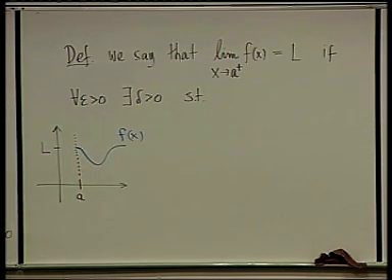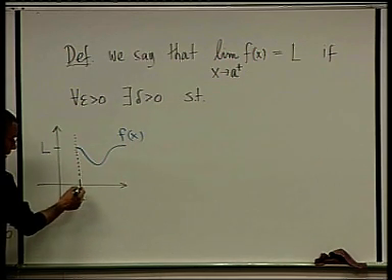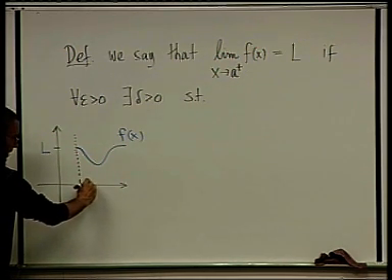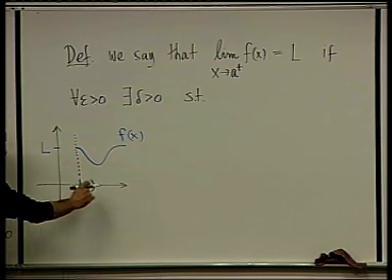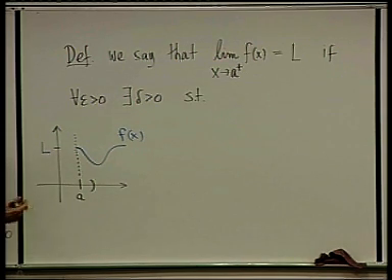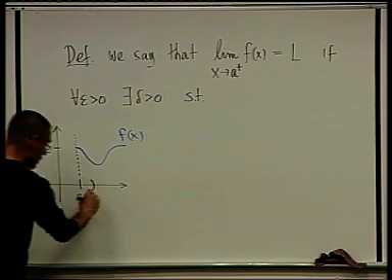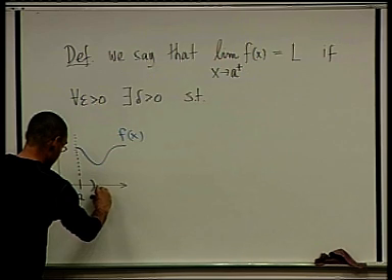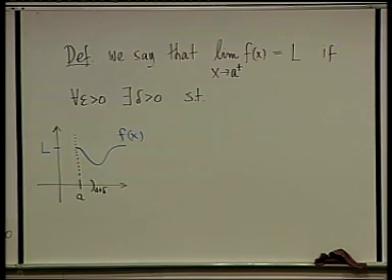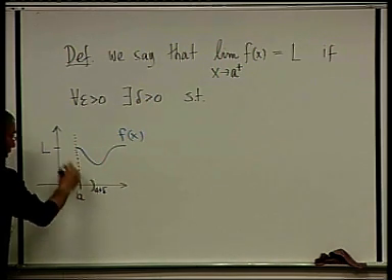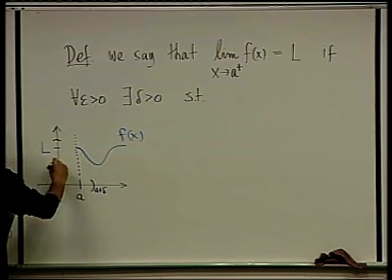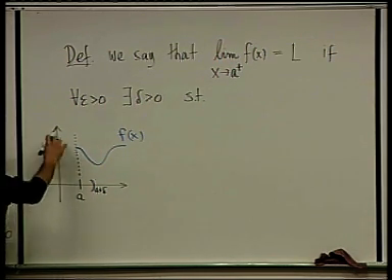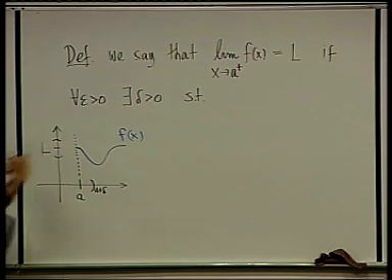Do you agree? So I can only talk about something you should think of as a half neighborhood of A. I can't talk about a neighborhood of A because f is not defined to the left. So I only want to talk about a neighborhood from A to A plus delta. Do you agree? And I want to say that if x is here, then f of x is going to be in an epsilon neighborhood of L. L still has both sides.